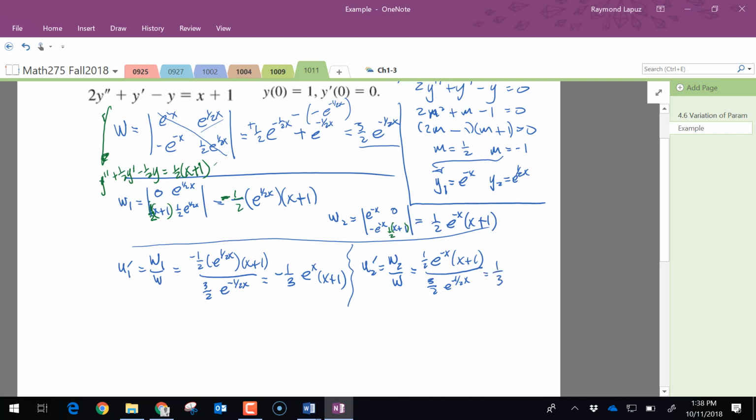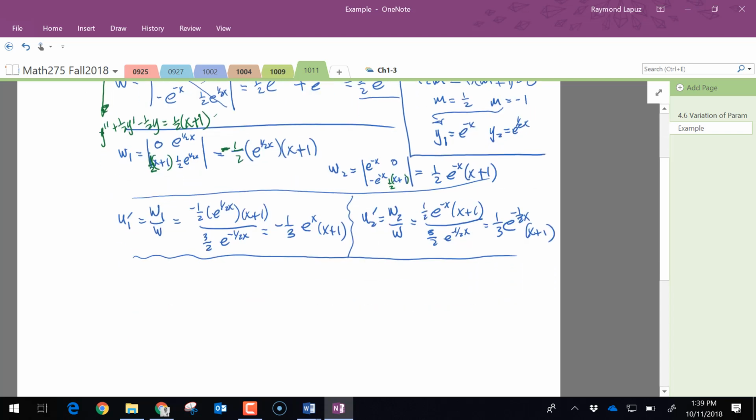This time it's positive. Negative x minus negative 1/2 x, so it's negative x plus 1/2 x, which is negative 1/2 x. Okay. All right, so we've got our derivatives.